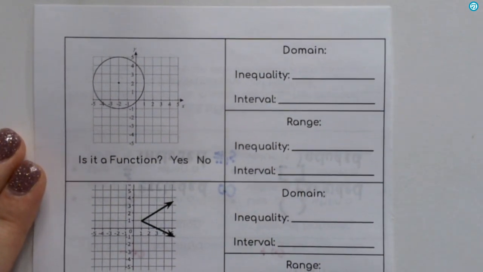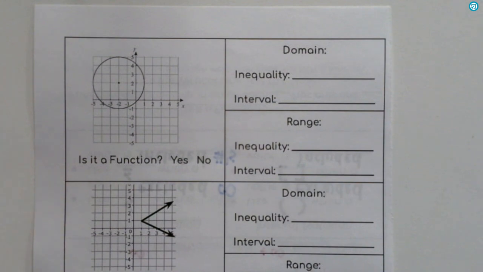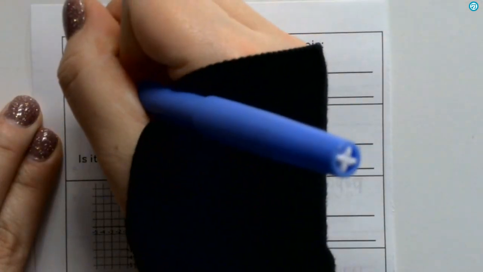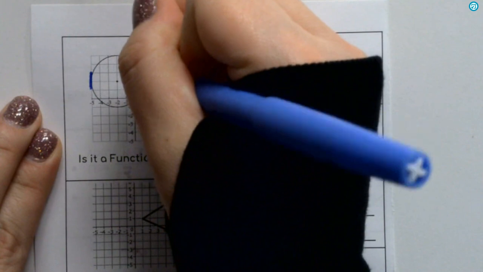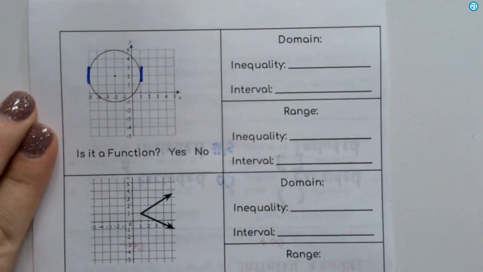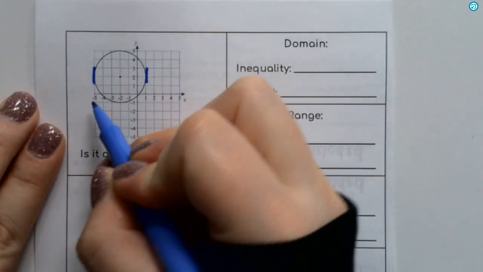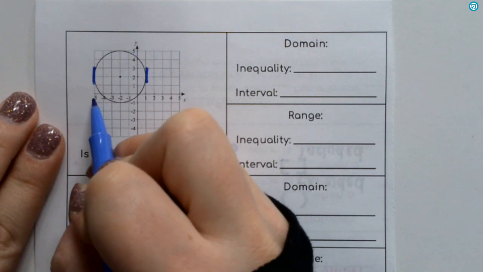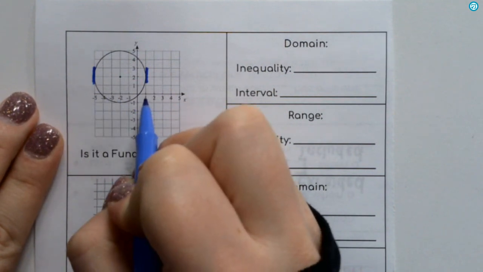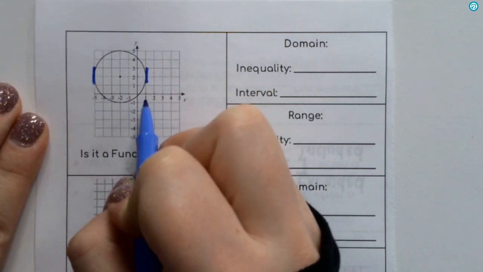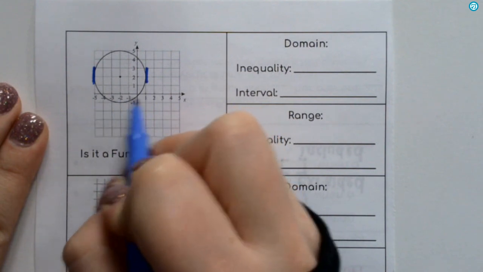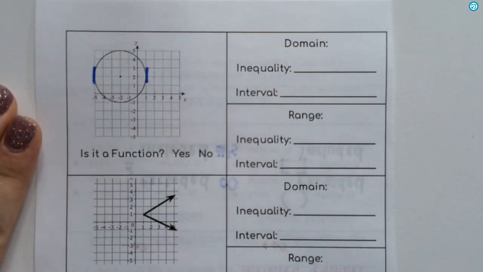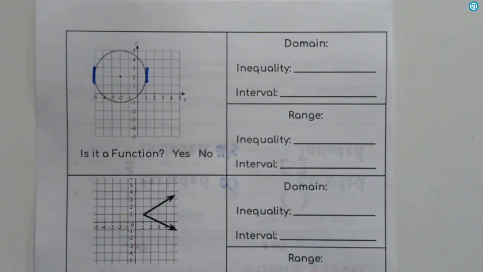So starting out on this first one, our domain is everything from left to right. So I'm looking at the furthest left to the furthest right. The furthest to the left my graph goes is -5, and the furthest to the right my graph goes is 1. So I'm going to write that down in inequality notation.